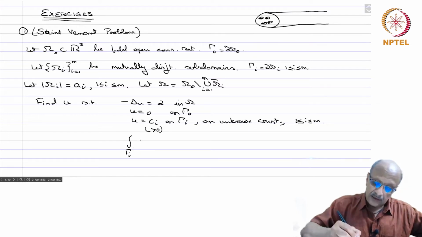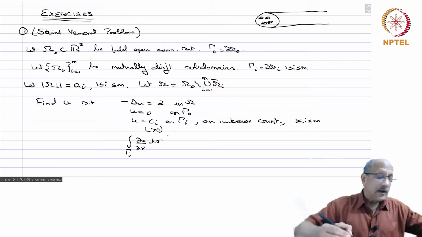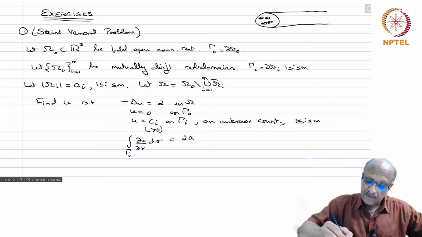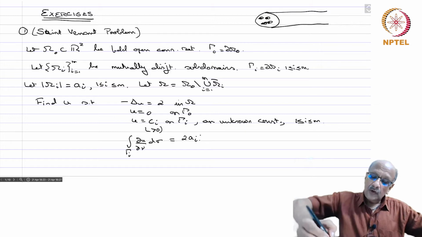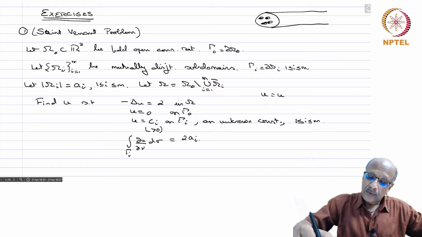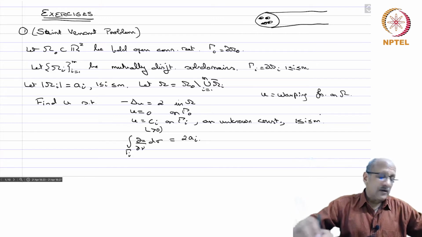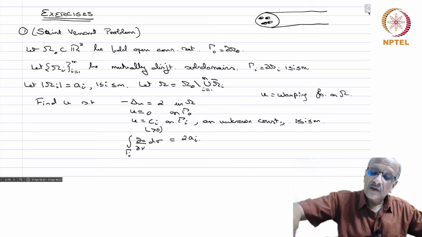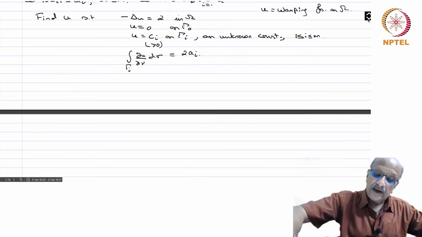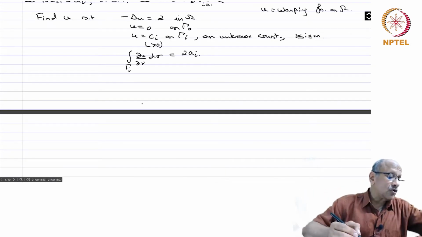So that is the integral of du by d nu d sigma on gamma I equals twice a_i. Okay, so u is called the warping function on omega. And the torsional rigidity is determined in terms of the gradient of u.